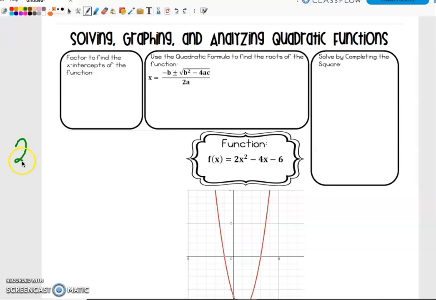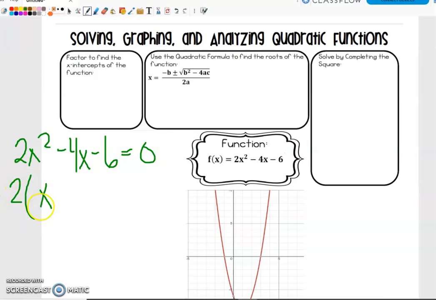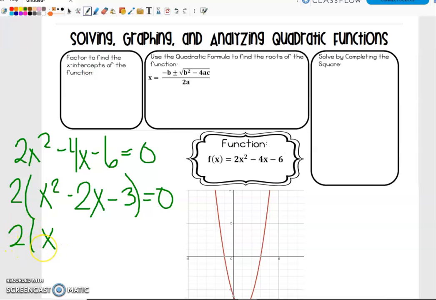Alright, so we have 2x squared minus 4x minus 6 equals 0. Here we have a common factor. The common factor that we have is a 2. So we can take a 2 out of each term, which would give us x squared minus 2x minus 3. And then you're looking for two numbers that multiply to negative 3 but add to negative 2. And that's going to give you x minus 3 and x plus 1 equals 0.